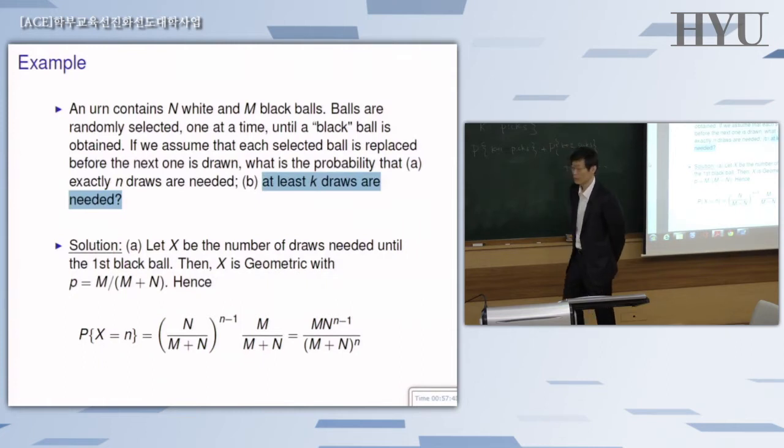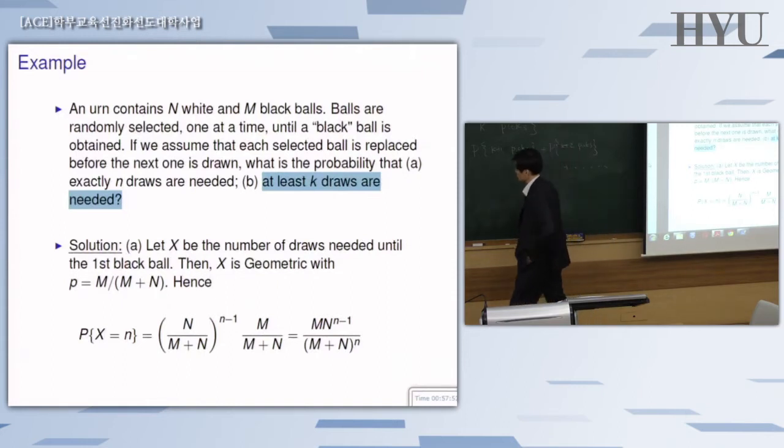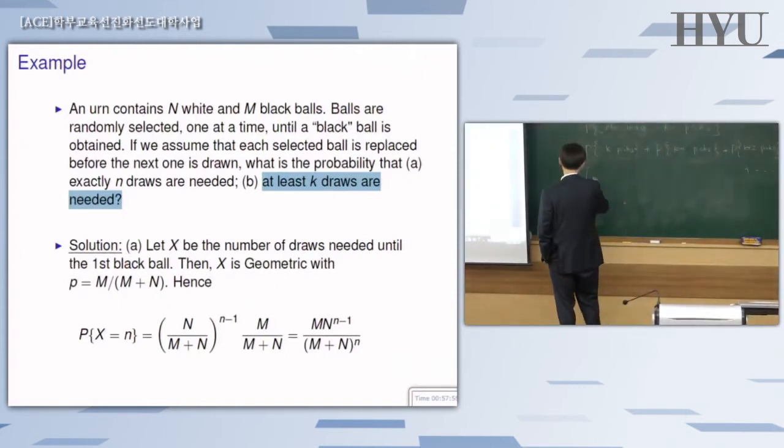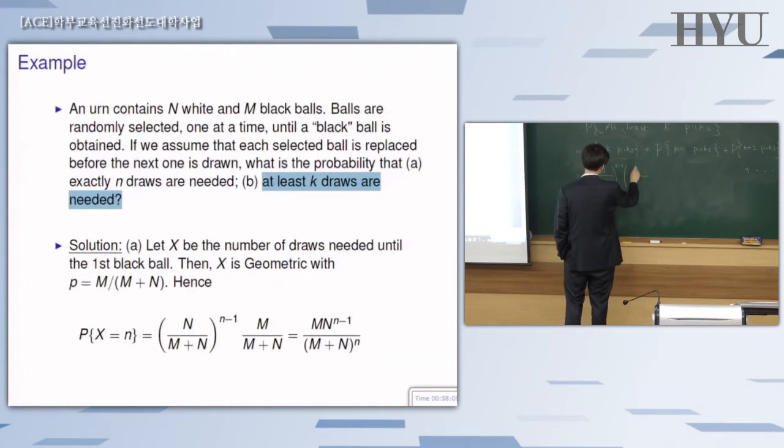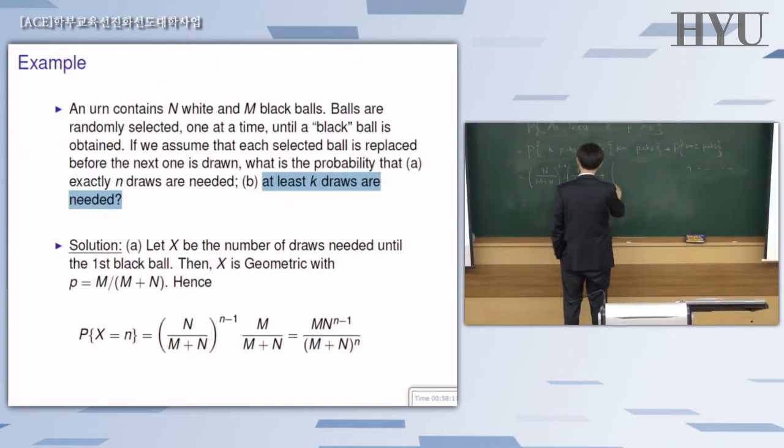Well, same as before. K picks means k minus 1 failures, and you have the first success at the kth pick. So the failure of picking a white should happen as many as k minus 1 times. Then you finally have the first success. Similarly, the second one, k plus 1 picks means first k picks are all white.